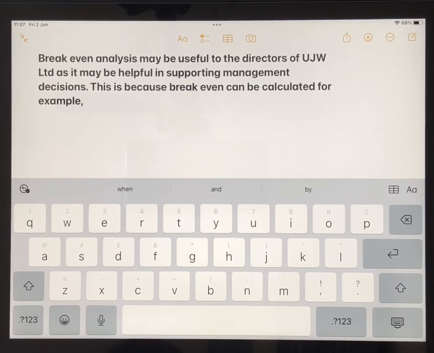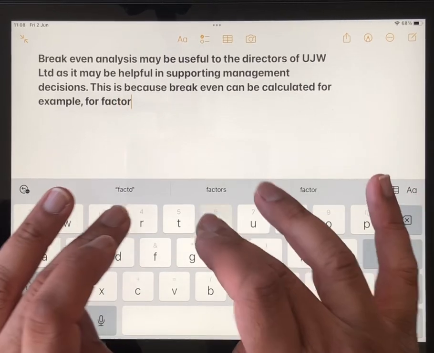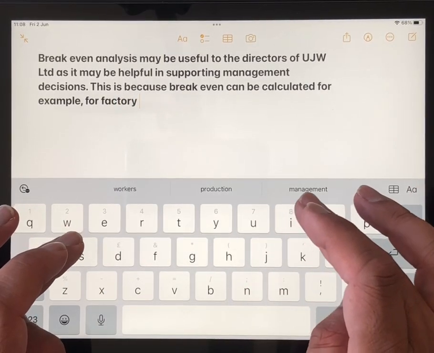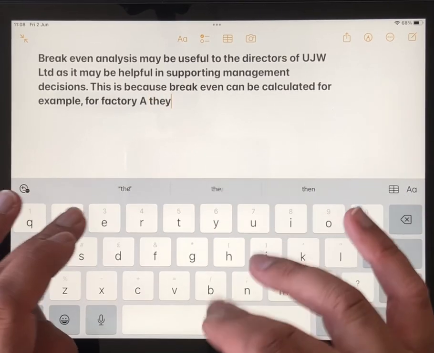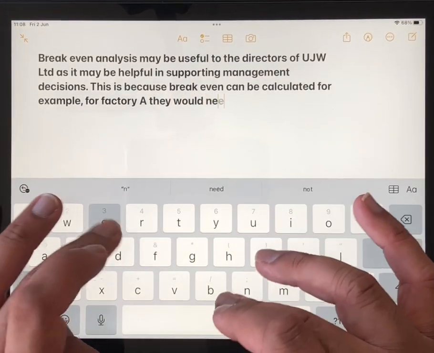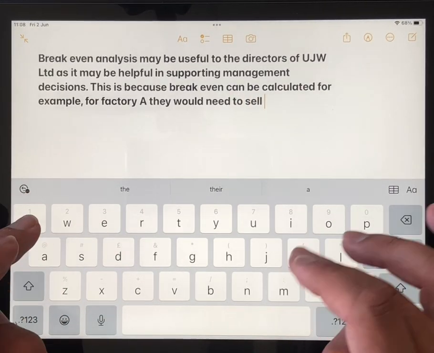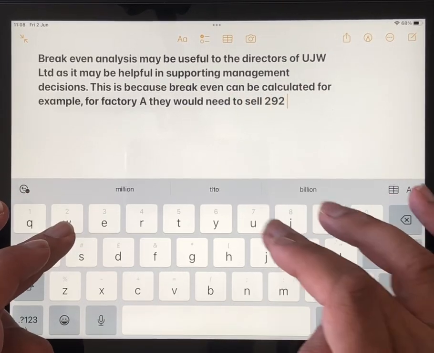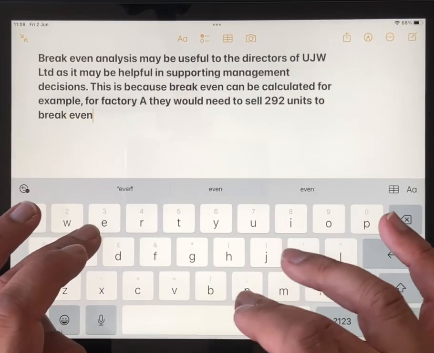This is because break-even can be calculated. For example, for factory A, they would need to sell 292 units to break even.